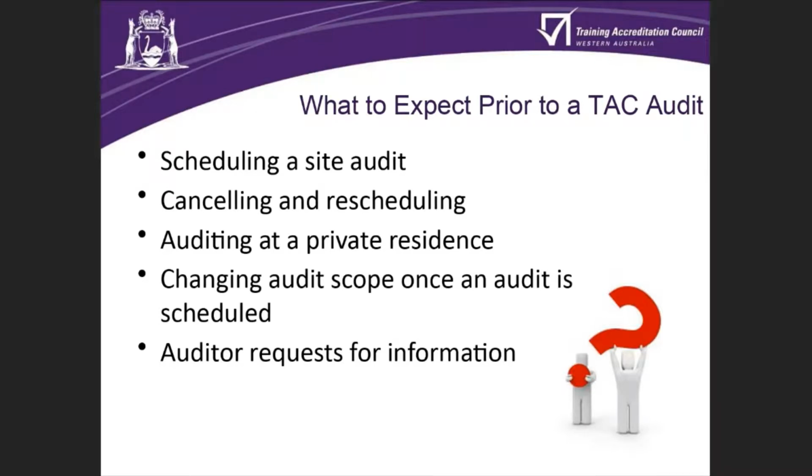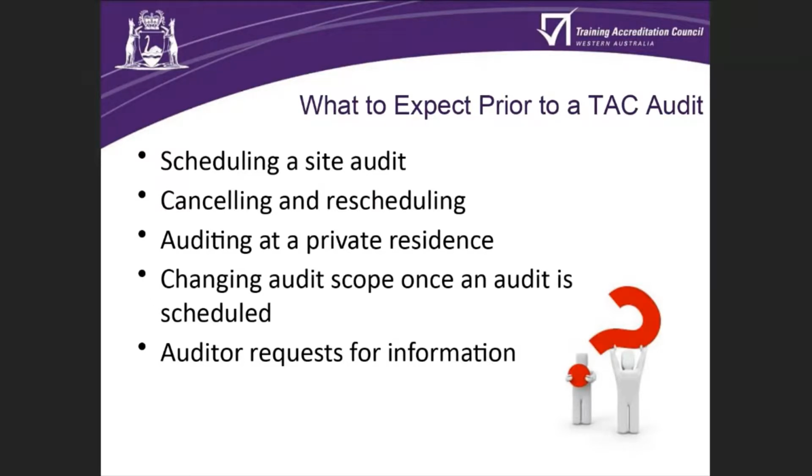You've got to submit certain evidence with your application, usually for a change of scope, and the letter that you receive from TAC will give you all the information that you require, and the auditor will get in touch if there are any other issues. So that's pretty straightforward, and you'll be given a time frame in the information provided by TAC.